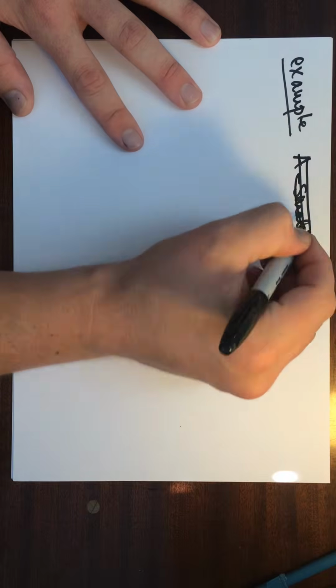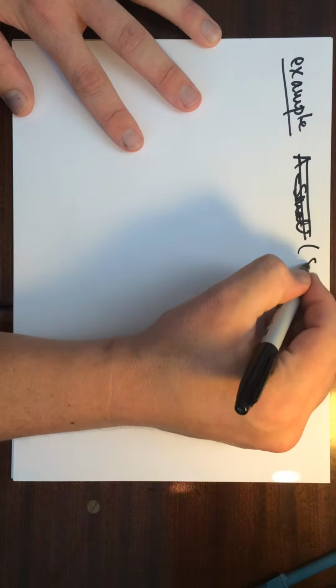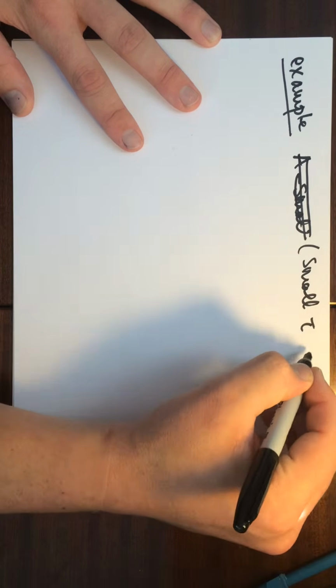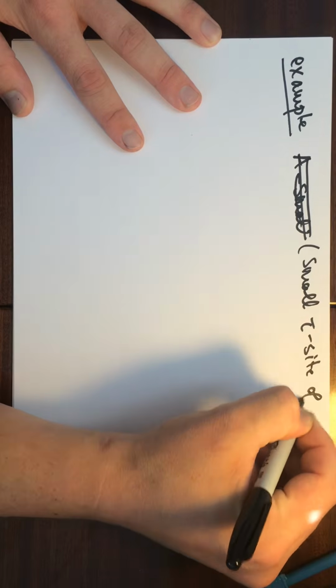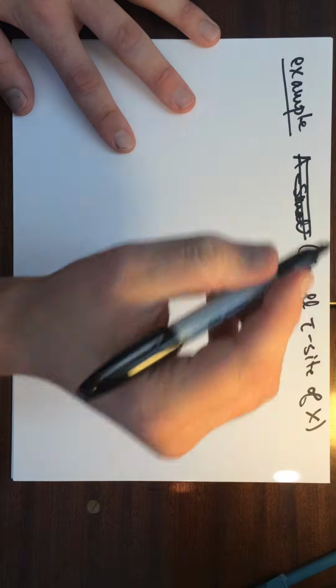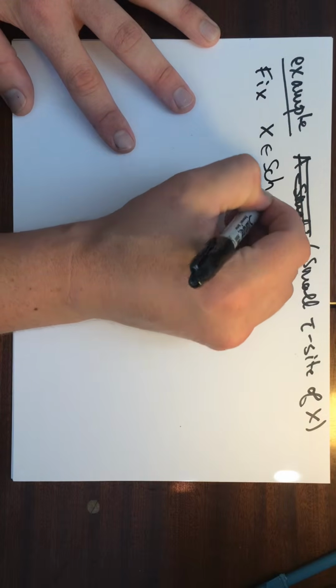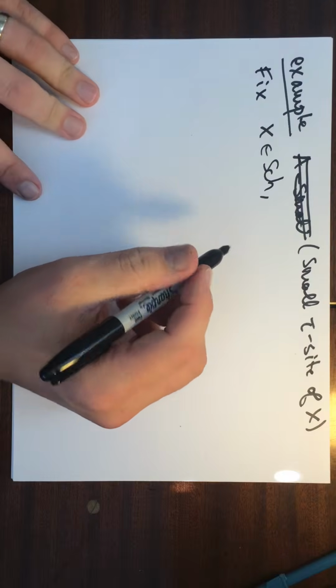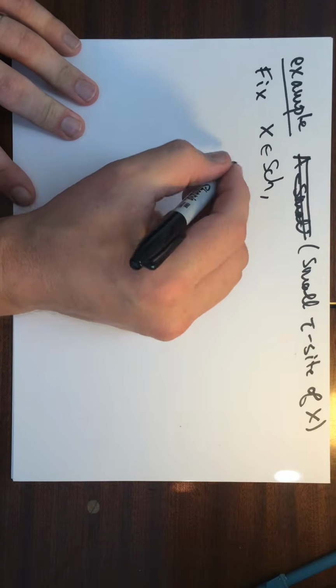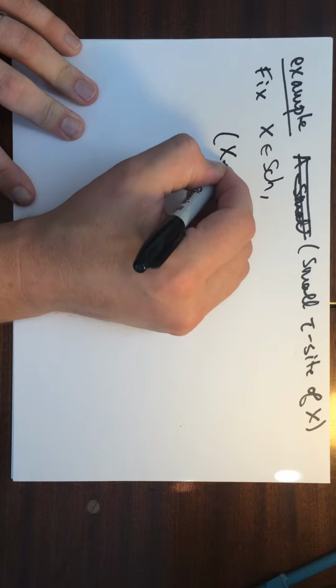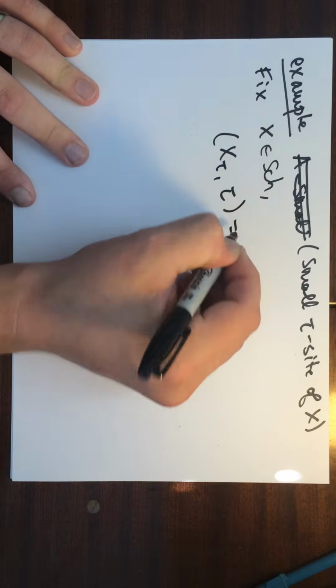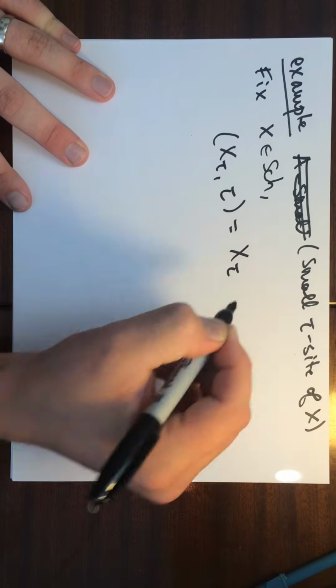Okay, so let's actually do this. So this will be the small tau site of X. We're going to fix X a scheme, and then the small tau site, and we're going to use some notation here.